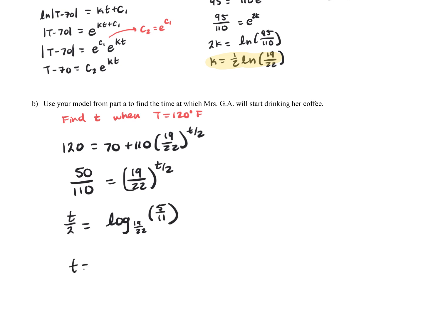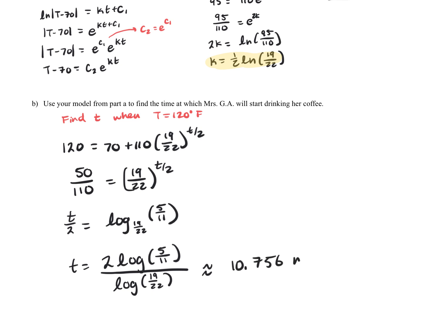Then we can get a decimal approximation for this in our calculator, and we might need, again, to use our change of base formula depending on your calculator, so we could rewrite it as a common log. And this should give us the approximation of 10.756 minutes.